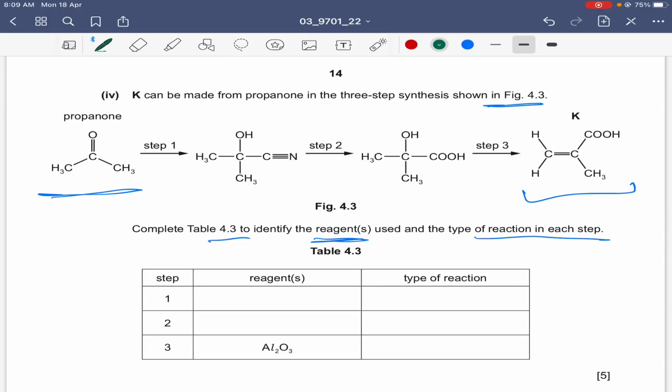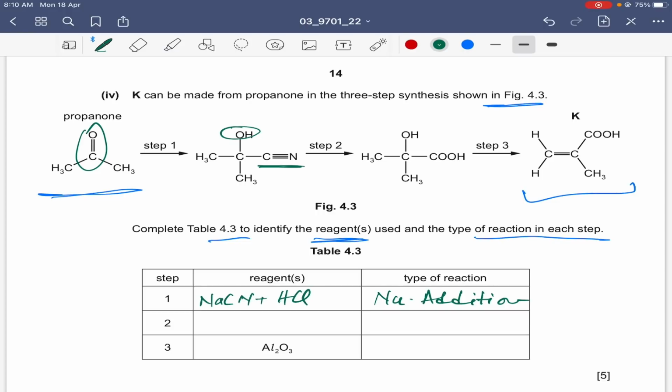In step 1, what is happening here is that we have this carbonyl group, and in step 1 we get OH and cyanide. So this is nucleophilic addition, and the reagents are NaCN plus HCl, right?